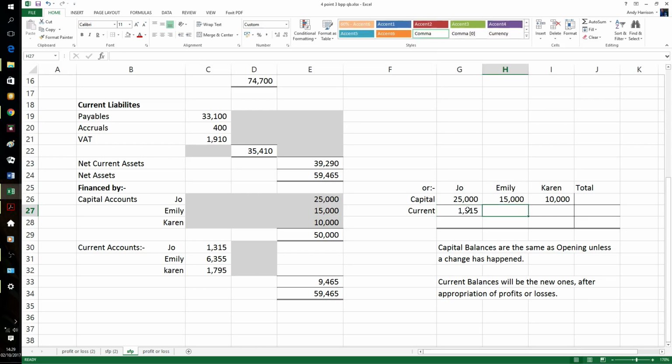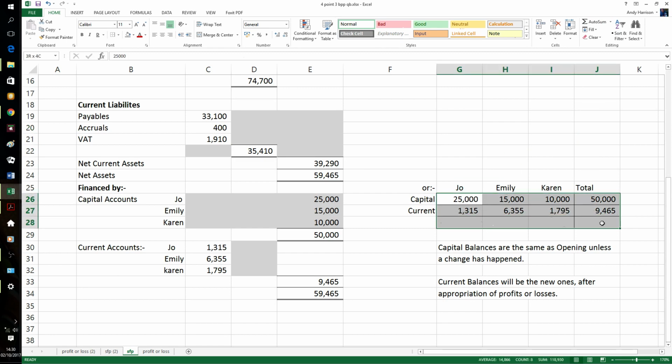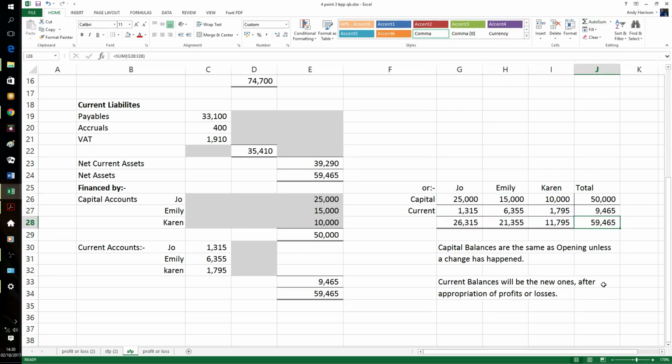It might change the numbers. It's just a different way of laying it out, which is perfectly okay, and it'll all add up whichever way you do it to 59,465.